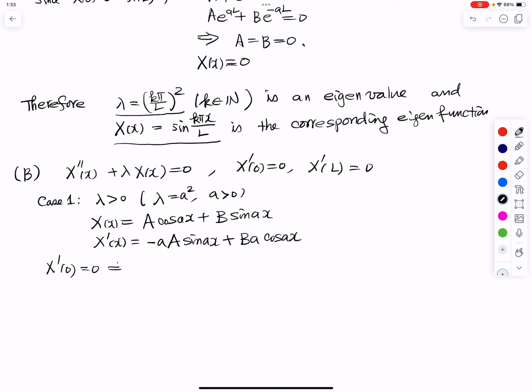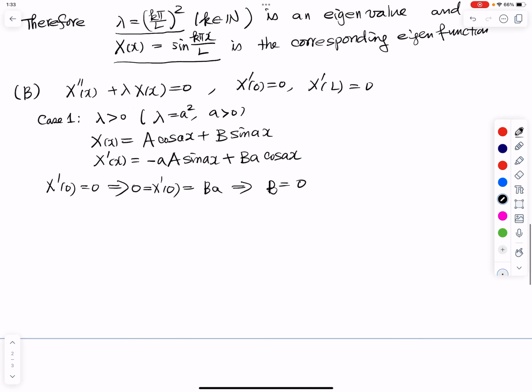That implies you plug in x equals 0, and x prime 0 equals 0. From here you have b a, right? Since a is non-zero, that implies b should be 0. So then x(x) equals a cosine ax.